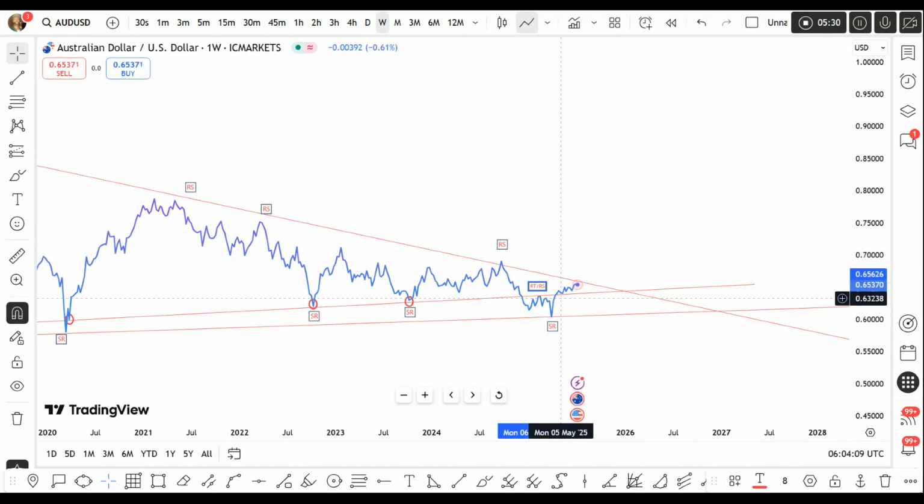And you can see that the price has broken out of the supply roof and is retesting it, using it as a demand floor.